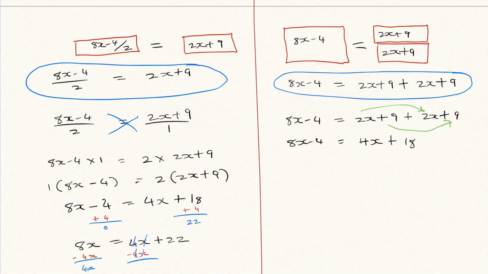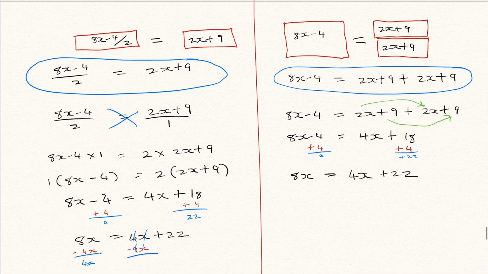So if we add 4 here and we'll add 4 here, we'll get 8x minus 4 plus 4 gives us 0. So we'll move on. It's equal to 4x, and plus 18 plus 4 gives us plus 22. So we put down plus 22 here.